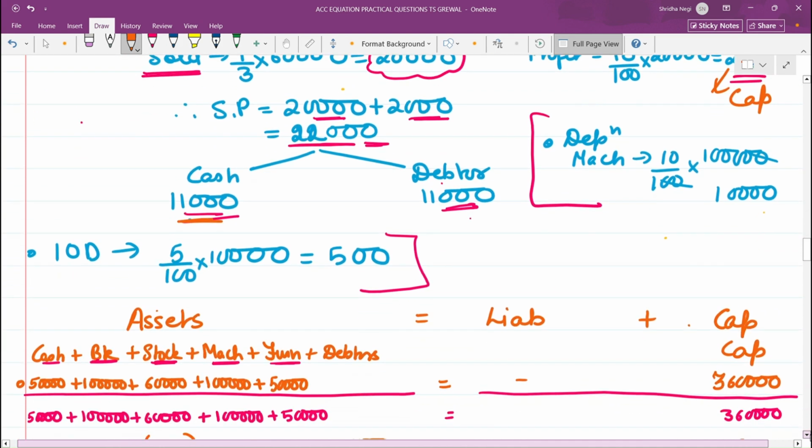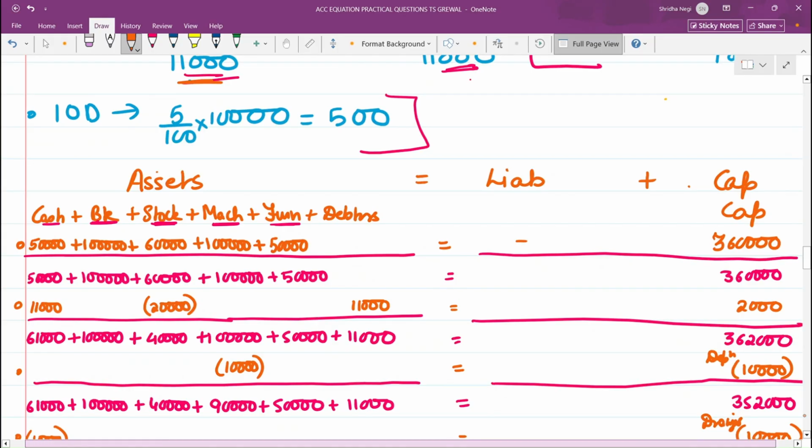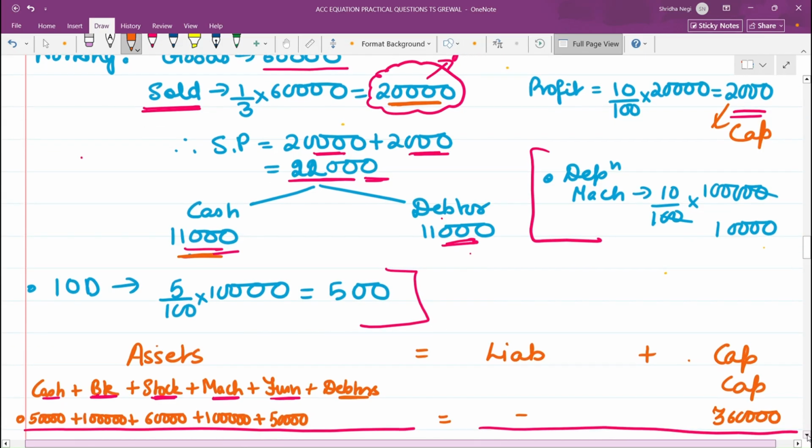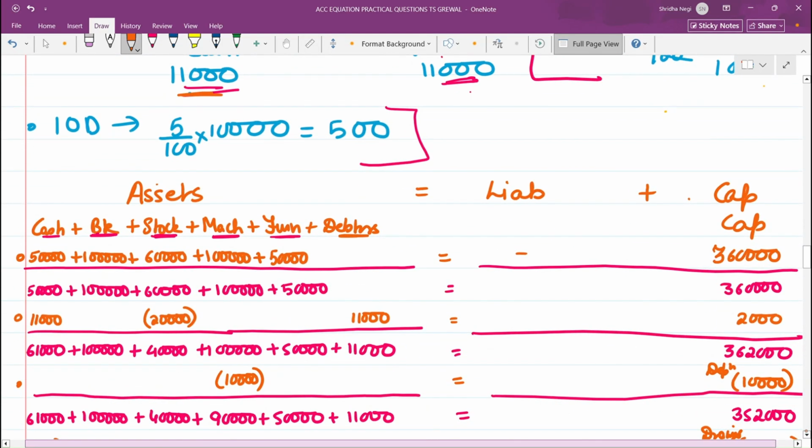So you add 11,000 here in cash. Then debtors are created, the remaining are debtors. So debtors are one more asset for you. So 11,000 will go in debtors. And your stock is decreasing by 20,000. 20,000 worth goods are sold. So stock decreases by 20,000 within brackets. Okay. So the second transaction is done.